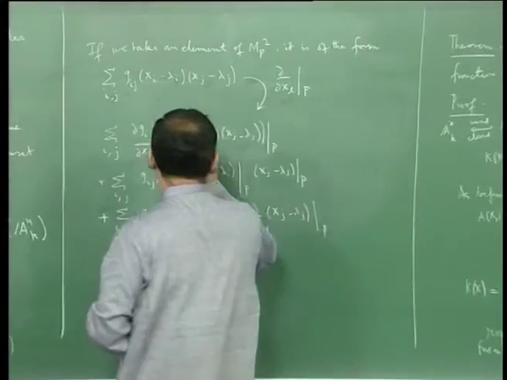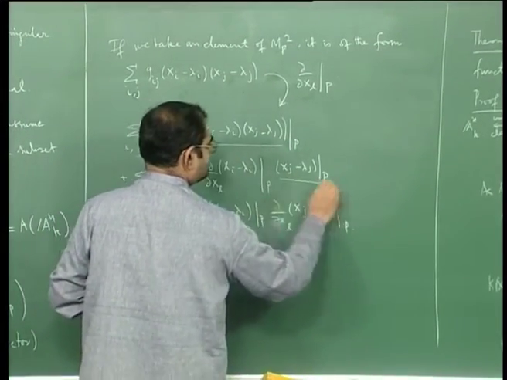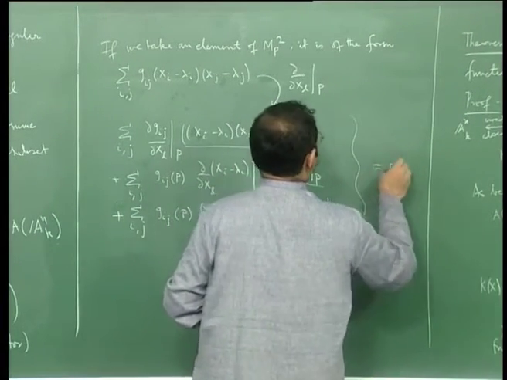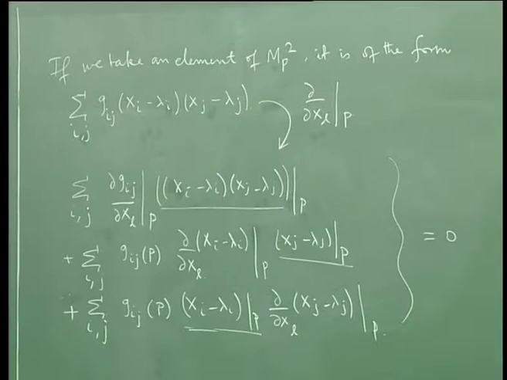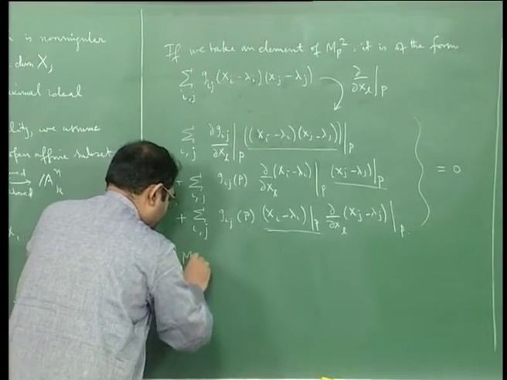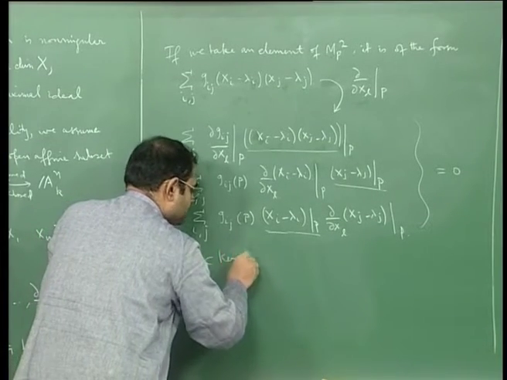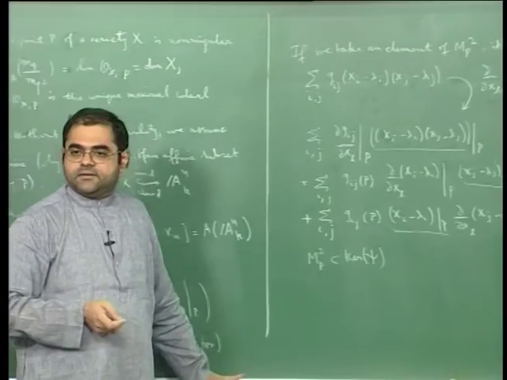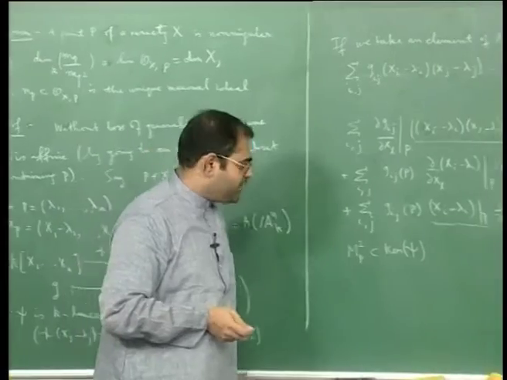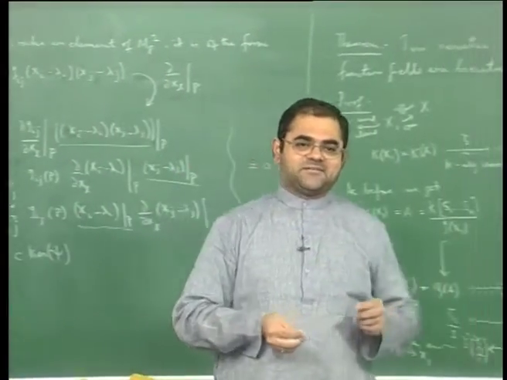These terms will vanish, so this is actually 0. The moral of the story is that if you take any element of MP squared, this linear map will kill it. So MP squared is contained in the kernel of psi, but the more important thing is that MP squared is exactly equal to the kernel of psi.